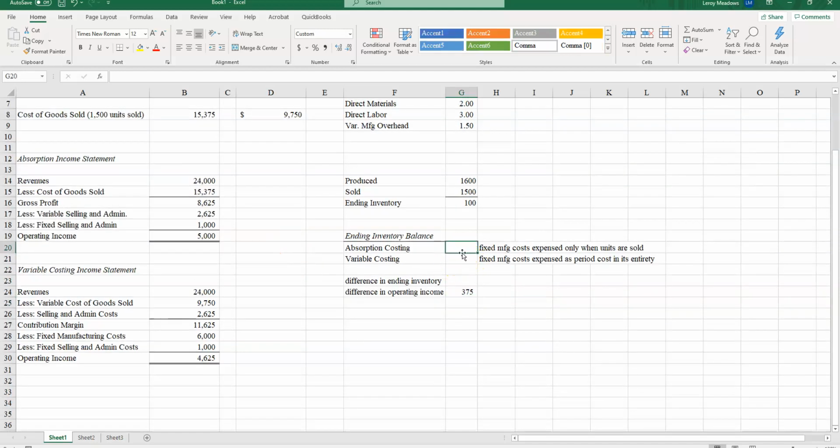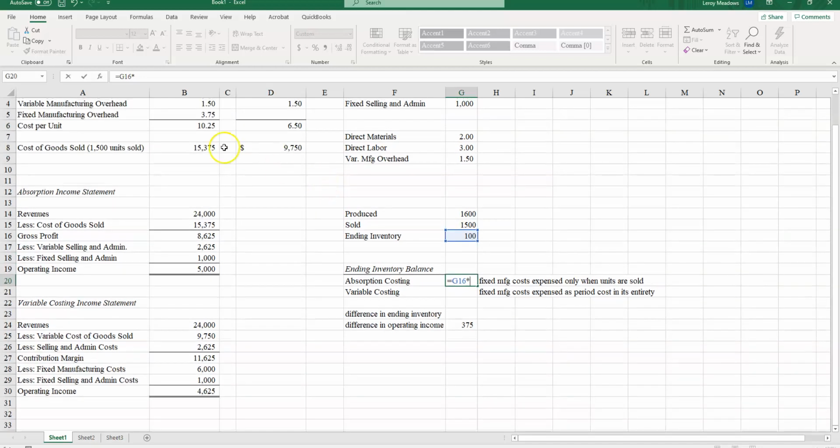And what is my ending inventory? Well, I have 100 units in ending inventory times my cost per unit up here, $10.25. And that gives me ending inventory of $1,025. What is my variable costing ending inventory balance?